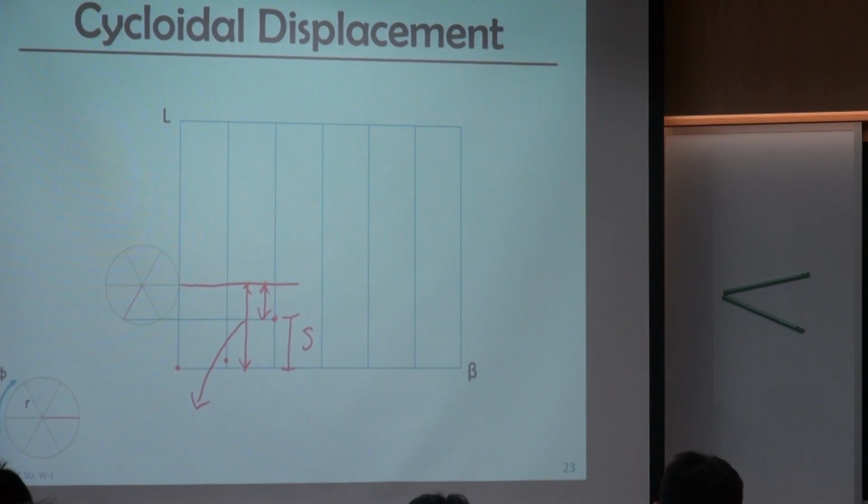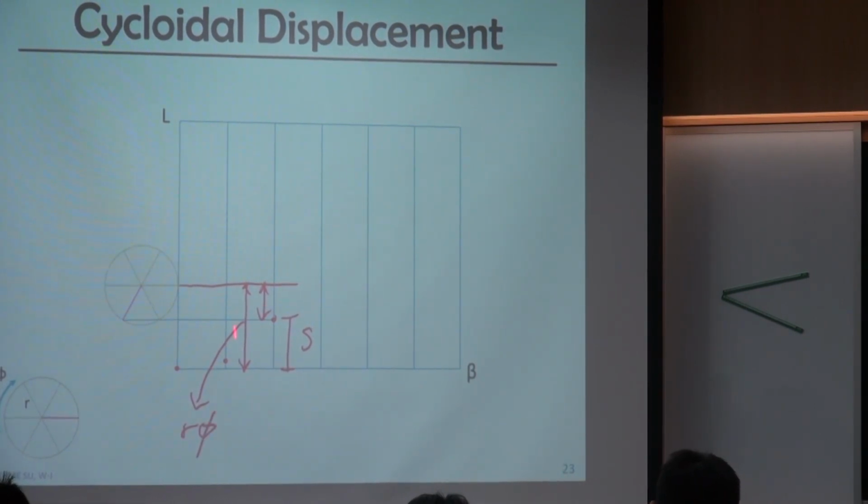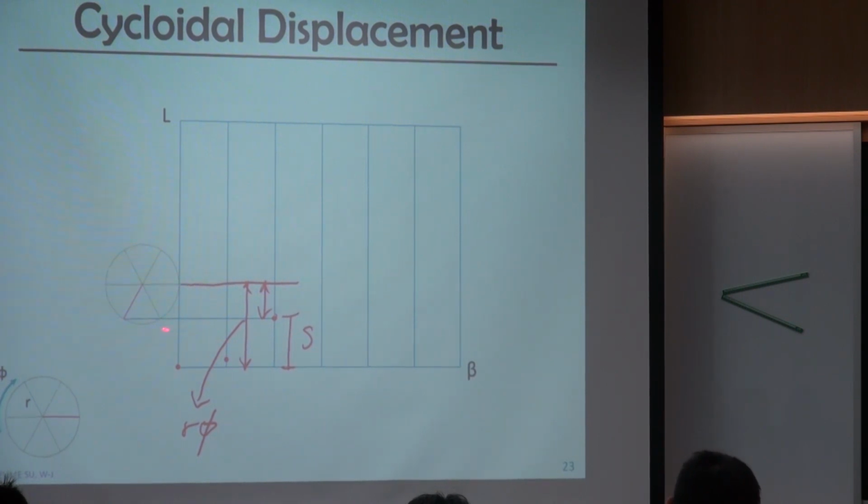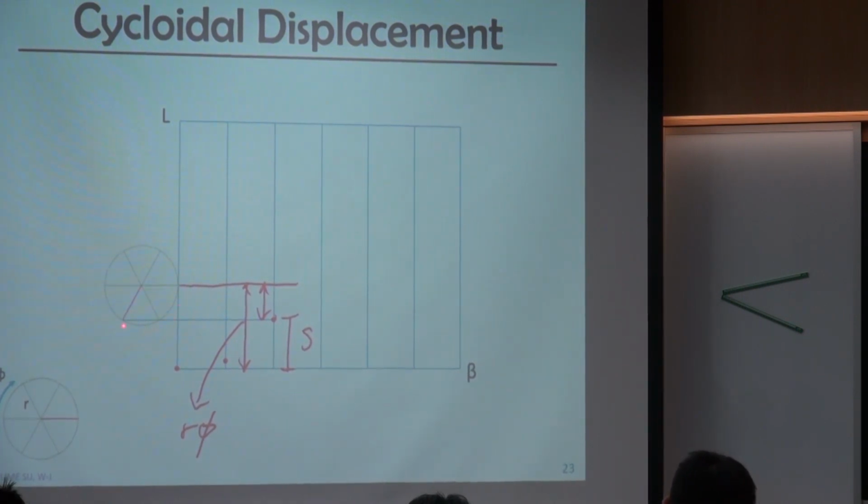Because it's doing pure rolling, the length of this one is the same as the length of this arc, because it's doing pure rolling motion. And how about this one? It's another dimension.